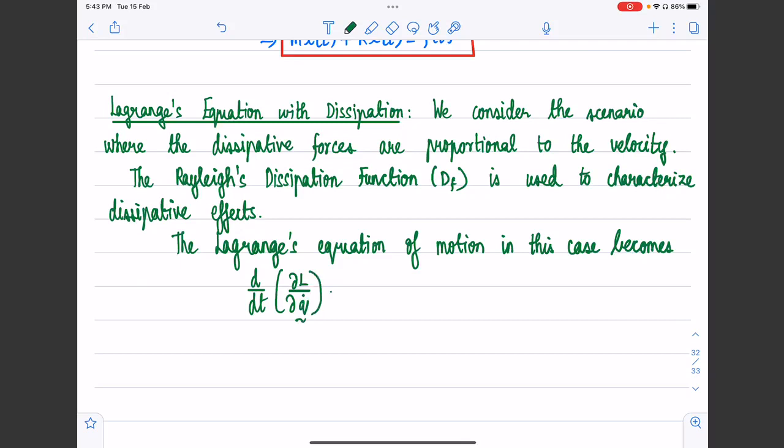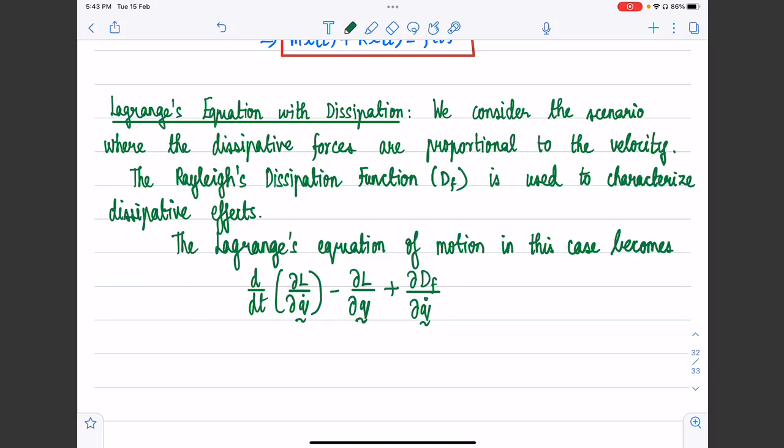Minus ∂L/∂q. This term also remains the same. However, there is a third term which comes on the left hand side, which is ∂F/∂q̇, the partial derivative of the Rayleigh's dissipation function F with respect to q̇.